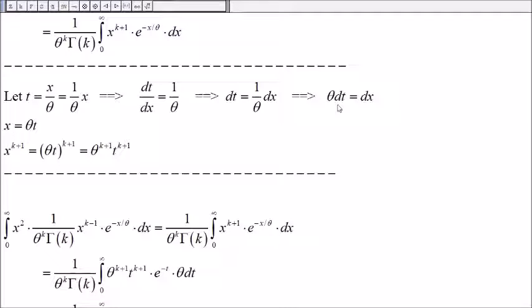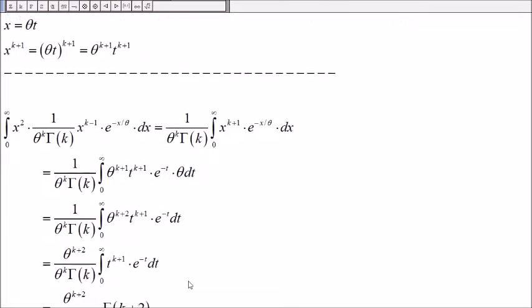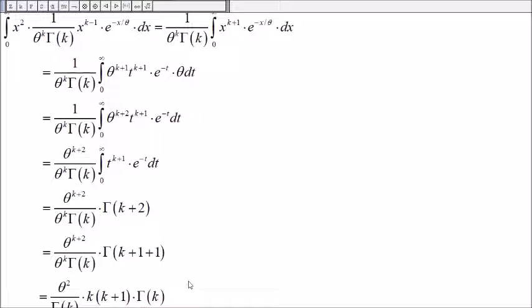And dx is theta dt. Theta to the k plus 1 times theta to the first will be theta to the k plus 2. And then this is just a multiplication constant with respect to t, so we can move it and place it in front of the integral.